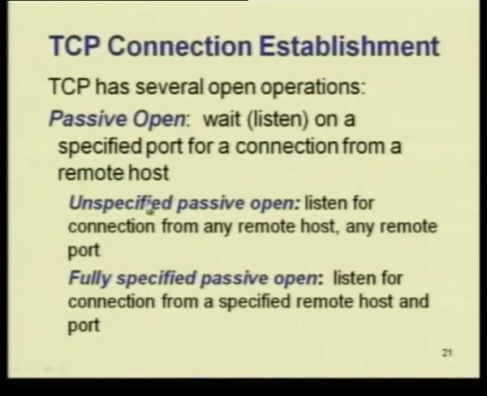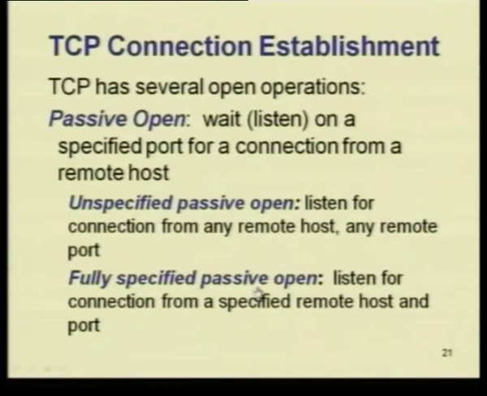In passive open again we have unspecified passive open and fully specified passive open. In unspecified passive open, TCP is listening for a connection from any remote host. Any is the key word here, for any remote host and any remote port to contact this particular TCP server.